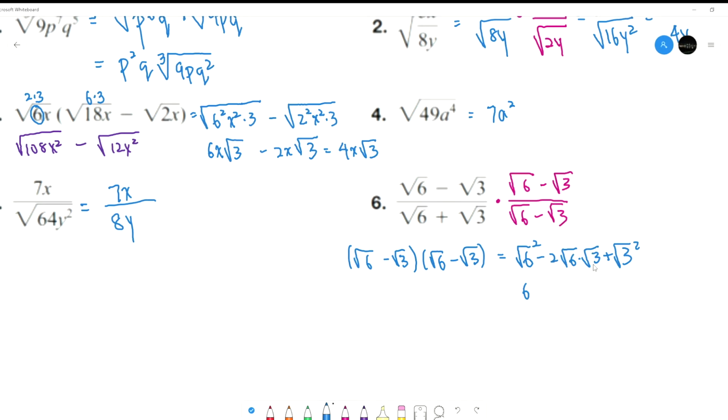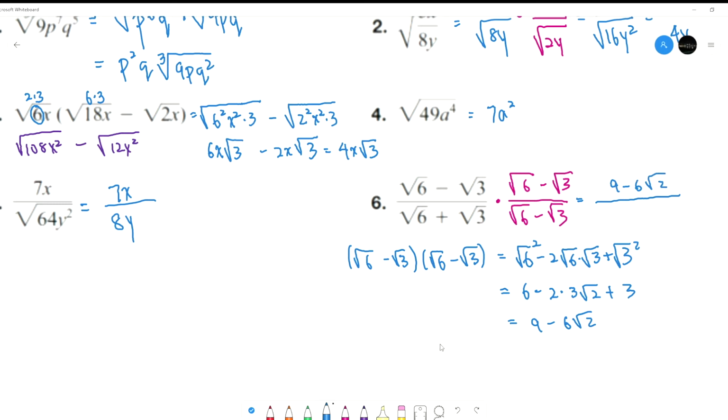Radical 6 and radical 3 simplify to what? So that's minus 2 times 3 radical 2 plus 3. So 6 plus 3 is equal to 9 minus 6 radical 2. Okay, so that was the numerator. So 9 minus 6 radical 2.